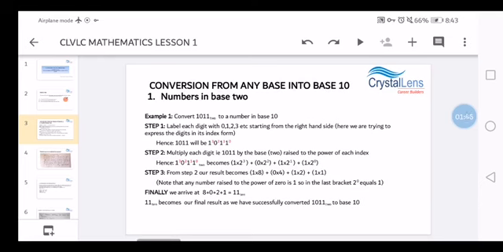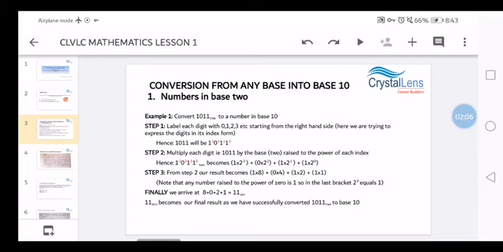Now I have some laid down steps to help you understand the step-by-step procedure on how to tackle such a problem. Step 1 says before you can do anything, you need to label each digit. When I mean each digit, I mean from the problem 1011.